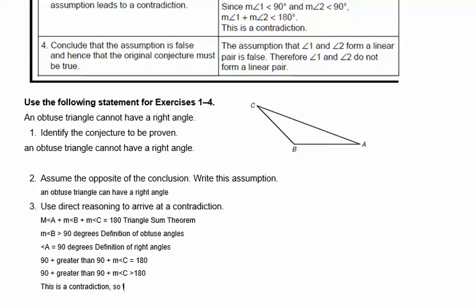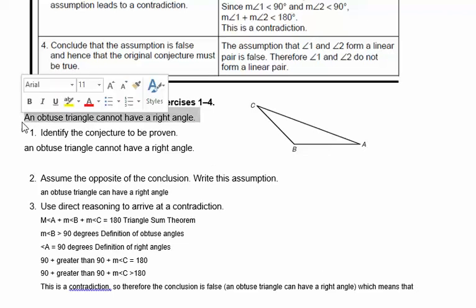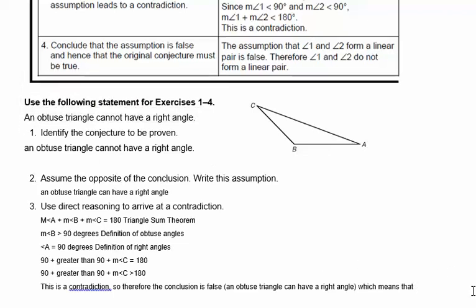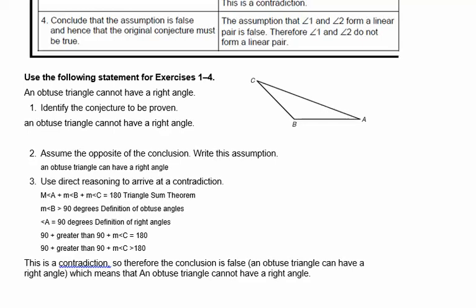So therefore, the conclusion is false, which was that the obtuse angle can have a right angle. This is false, which means that this is true, that our original conclusion is true.